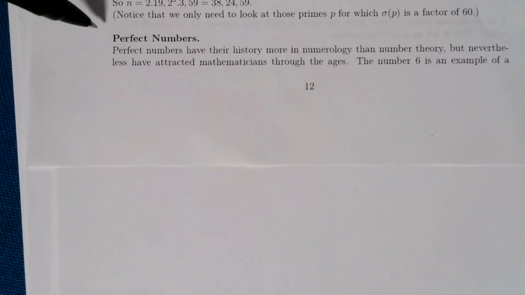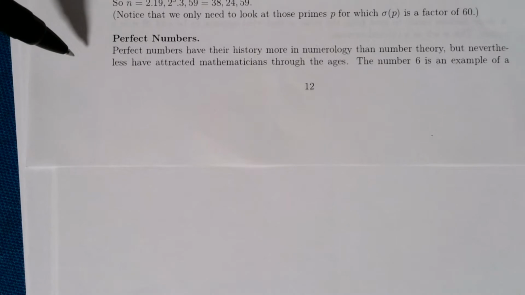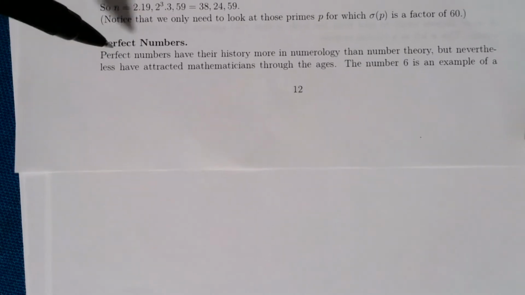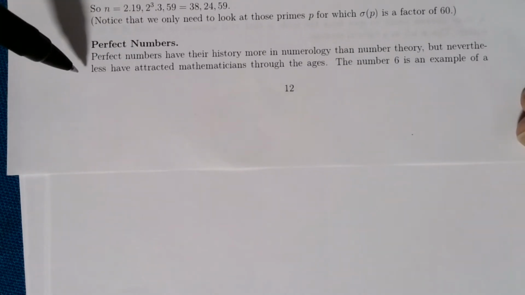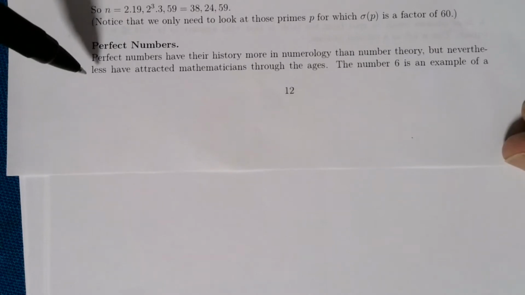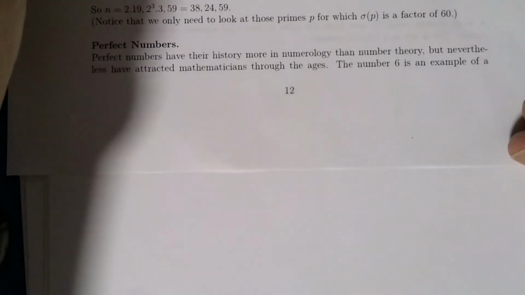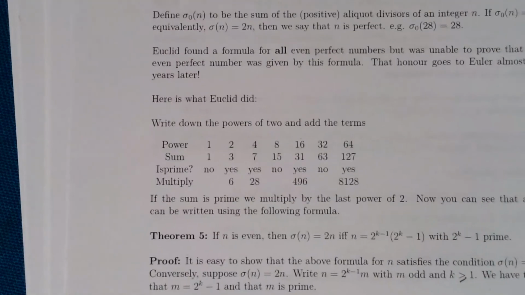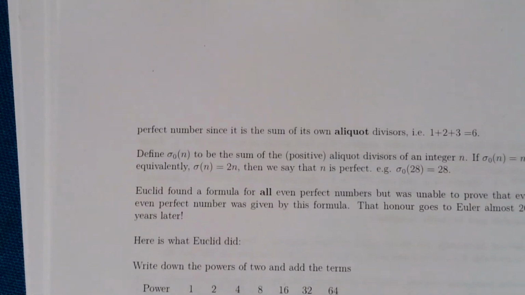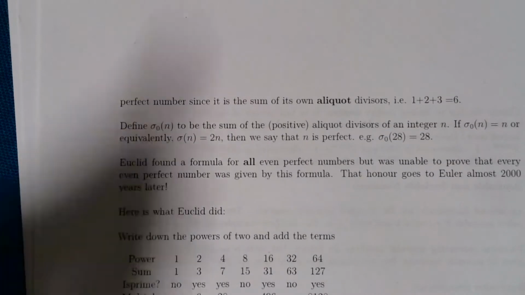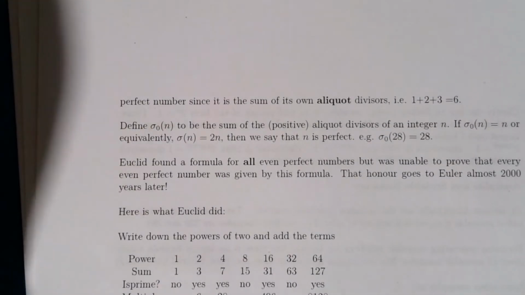So perfect numbers really have their history more in numerology than number theory, but they have attracted mathematicians throughout the ages. The number 6 is an example of one of these so-called perfect numbers, since it's the sum of its own aliquot or different factors.